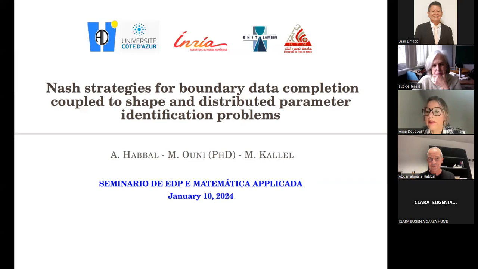He then worked as a research engineer for 2 years, during which he developed the shape optimization code for aerodynamics for Renault automobiles. Subsequently, he held a position as an associate professor at the University Côte d'Azur in France up to the present day.